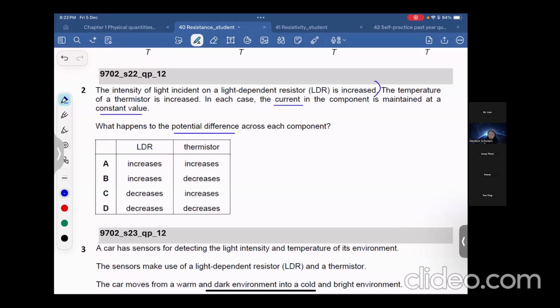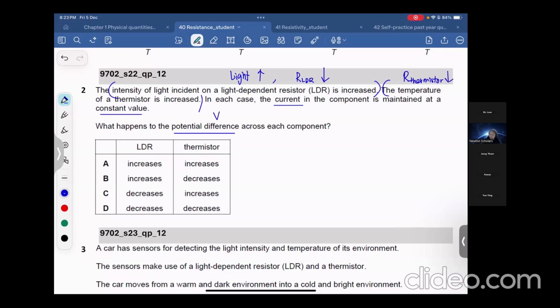So for this one, we know that resistance for LDR, light intensity increase, LDR resistance should be decreased. This is what we learned already. Temperature increase, so thermistor resistance should be decreased.